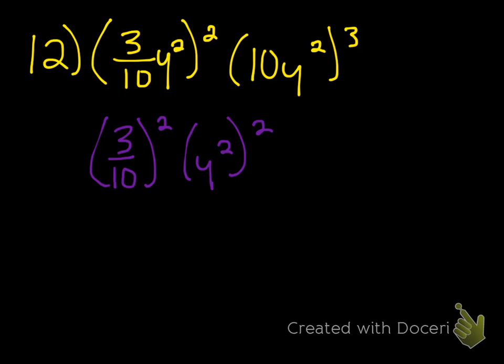All right, now we're going to do the other term, and we're going to apply that to the third power. So that is 10 to the third power, right, times y squared to the third power. Okay, if you try to do this in your head, you're going to miss something. So please make sure you're writing out your steps. I promise it will help.